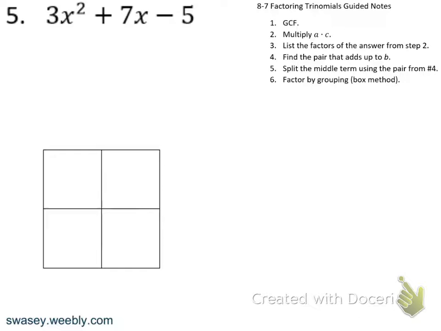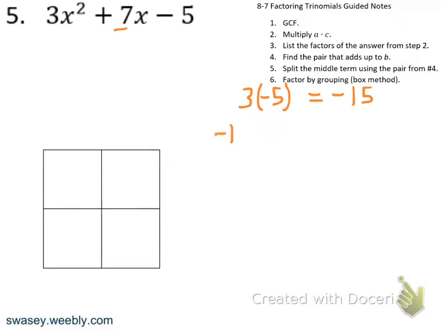GCF here is 1, multiply a times c, 3 times negative 5, negative 15. Looking for factors of negative 15, so if they're multiplying and getting a negative, there's one positive, one negative, and then they add to get 7. So the bigger one needs to be positive.